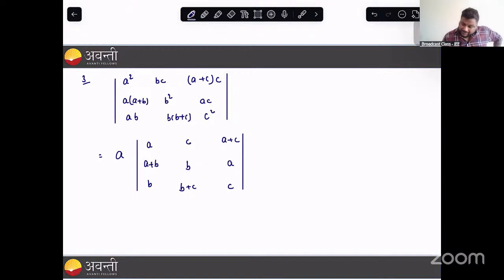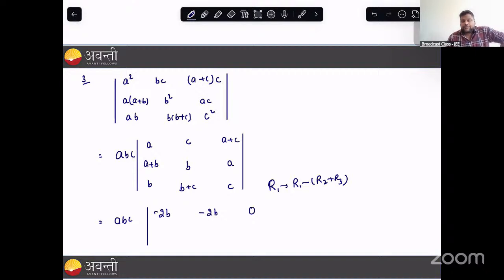Now I'm writing row 1 as row 1 minus row 2 plus row 3. So ABC outside. Now if I do row 1 minus row 2 plus row 3, it becomes minus 2B. Then C minus B, this is also minus 2B, this will become 0.